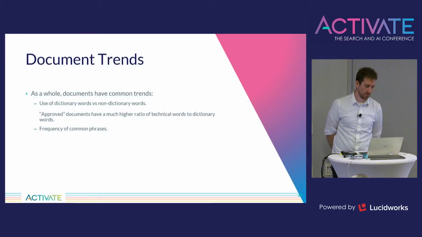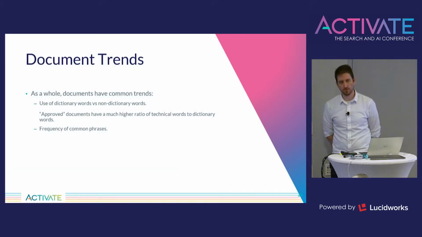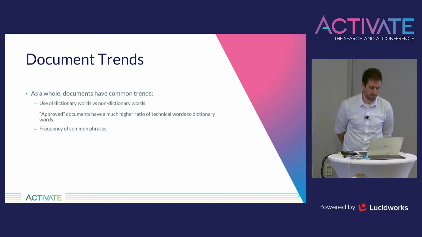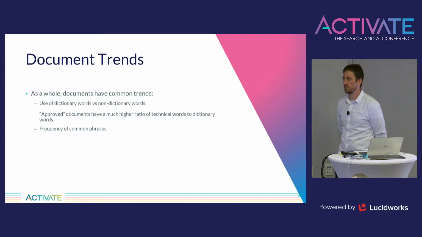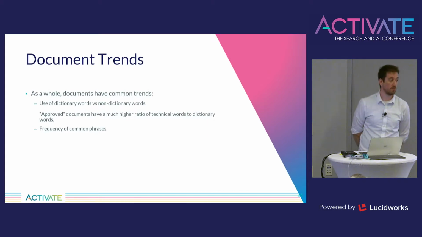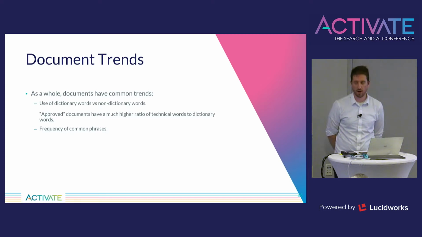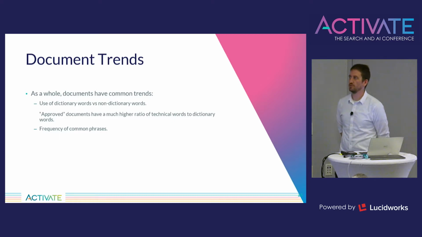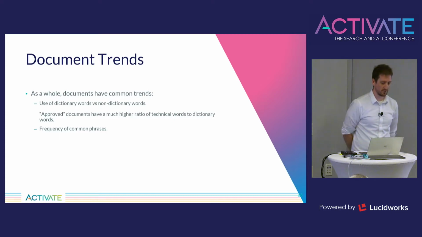So when we look at these documents, trends very much stand out. The use of dictionary words versus non-dictionary words. Documents that end up being approved have many more non-dictionary words than dictionary words. It was just something that stood out to us when analyzing the contents of them.